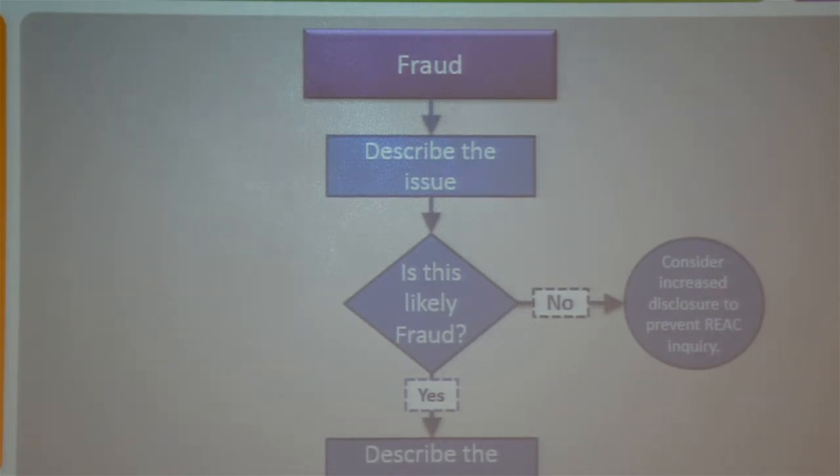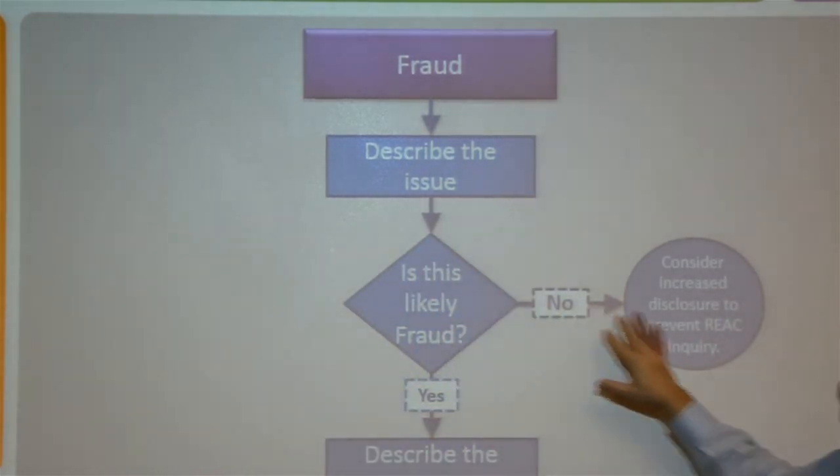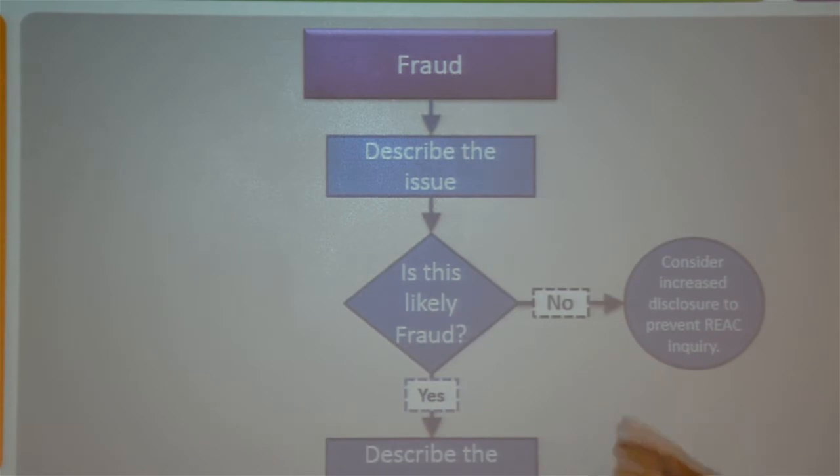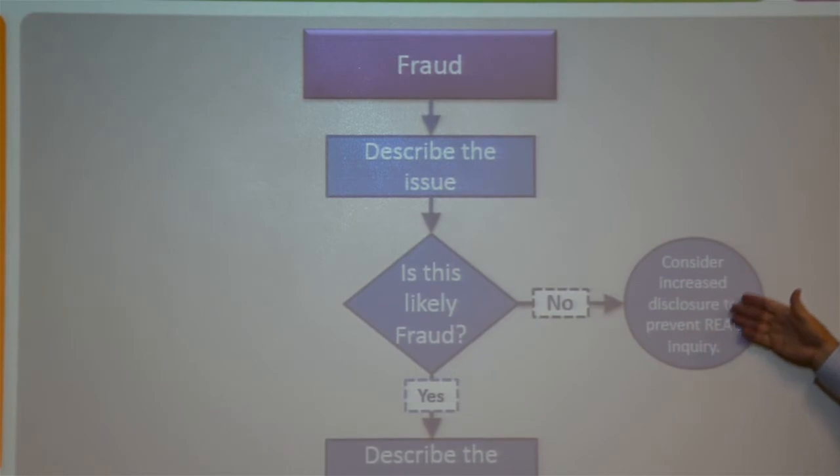Every time we see a diamond, we have a decision point that requires some sort of documentation. So in this case, describe the issue. Is it likely fraud? Yes or no? If it's a yes, we're into the schedule of findings and questioned costs. That's not really an acronym. That's just our abbreviation because I didn't want to type bigger. And if the answer is no, I may have to consider increased disclosure to REAC.